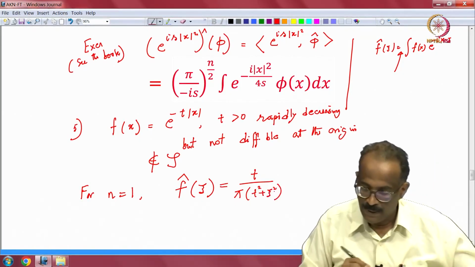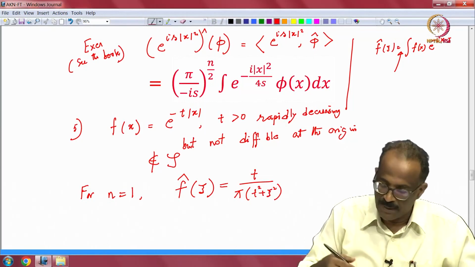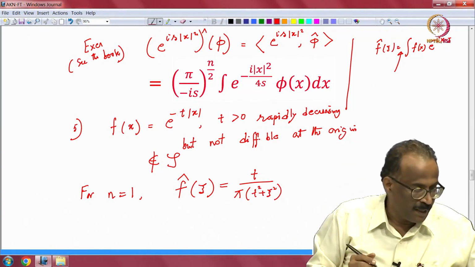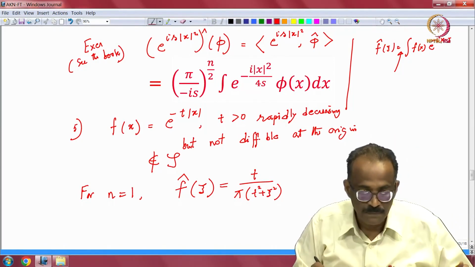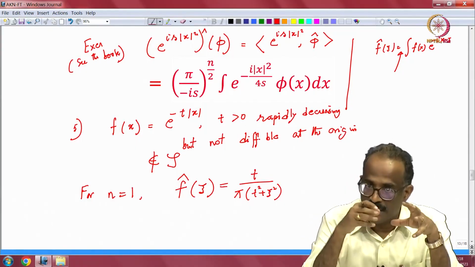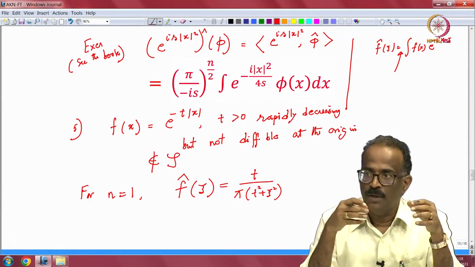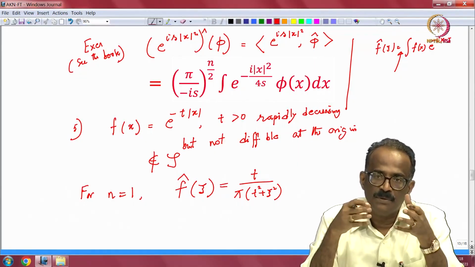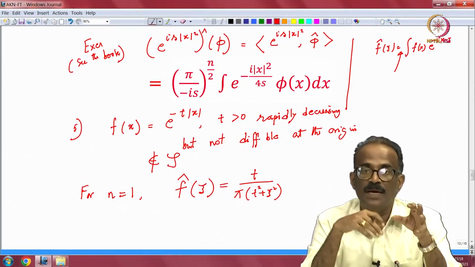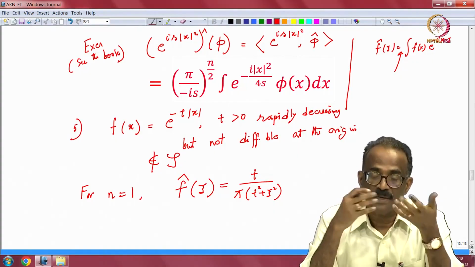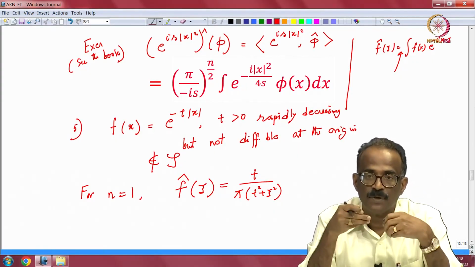Okay. And for higher dimension also you can compute it. So it is better to be comfortable with your Fourier transform, and work out a few examples of tempered distributions and their Fourier transforms.